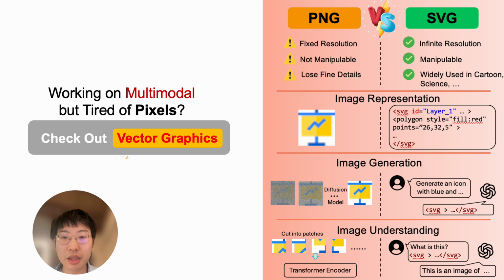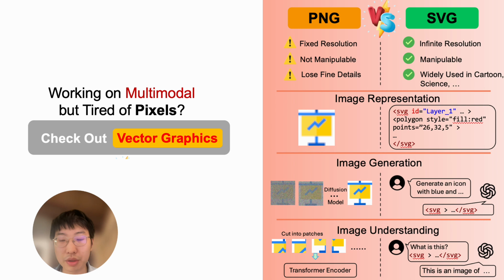And finally, PNG easily loses fine details because of its fixed resolution. But SVG can be widely used in cartoons or science because of its infinite resolution. For image representation, PNG uses pixels, but SVG uses code blocks to produce infinite resolution.